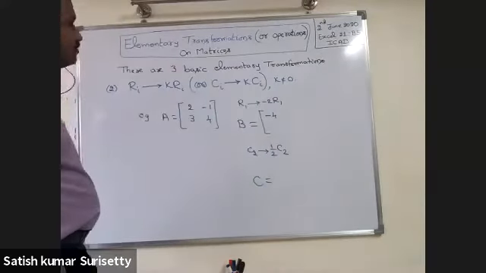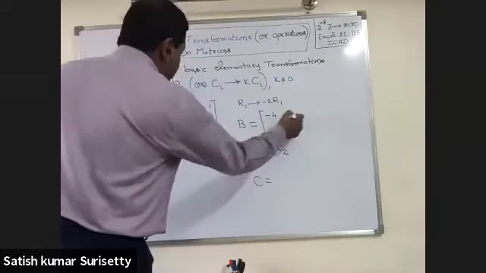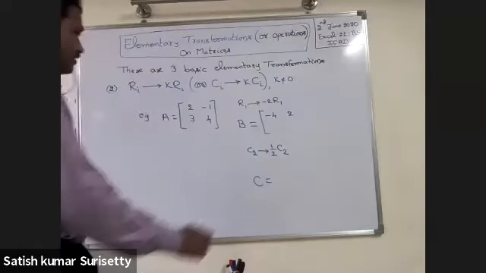Minus 4 plus 2. Second row remains the same, 3, 4.